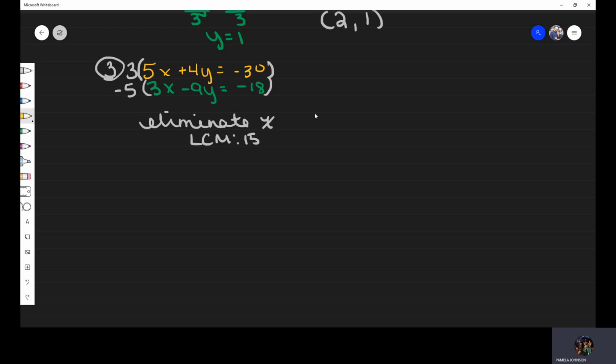So for our first equation, 3 times 5 gave us a 15x. 3 times a 4y gave us a 12y. And 3 times 30 gave us a -90. It's a -30. So 3 times -30 gave us a -90. For our bottom equation, negative 5 times 3 gave us a negative 15x.